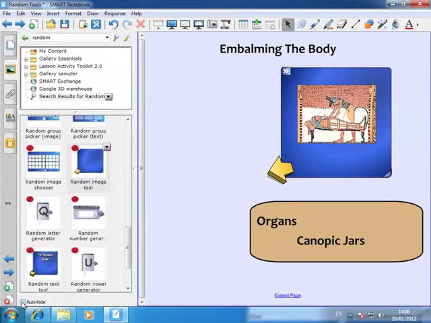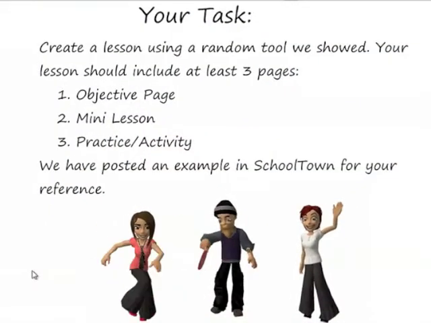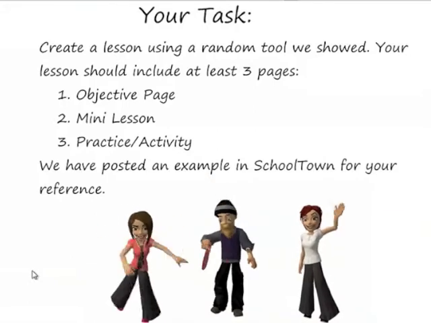So those were some ideas and also how to go ahead and create a page. Now for your task. We want you guys to create a lesson using one of the random tools that we showed you today. Your lesson should have at least 3 pages.